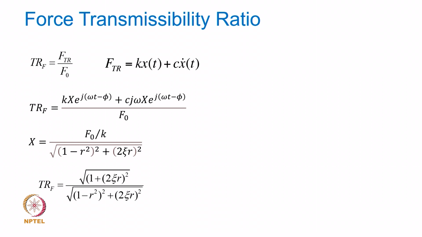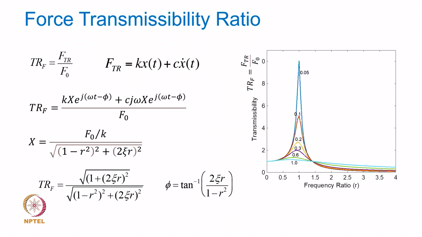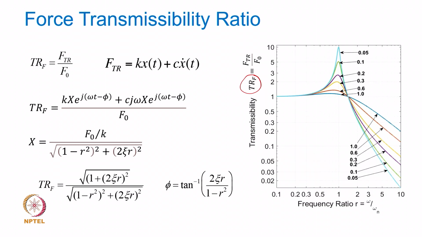So, this is how you get the mathematical expression defining the force transmissibility, and the variation of the transmissibility ratio is similar to the displacement transmissibility ratio. Obviously, the mathematical expression is the same, and we have seen this graph in the past. But now what I am going to do is plot this graph in a log scale, and this is how it looks.